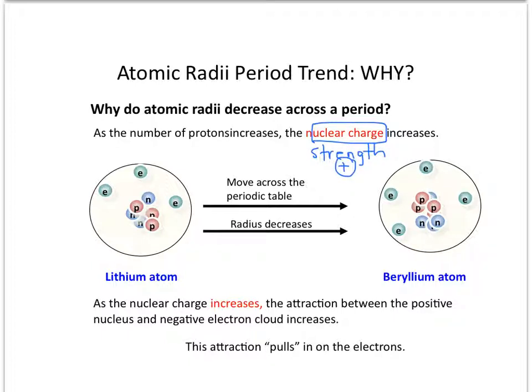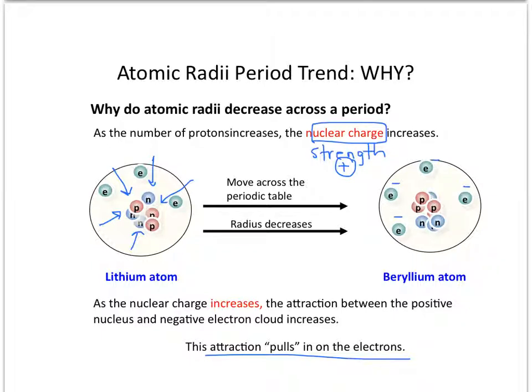So it's going to attract the electrons, which are hanging out outside of the nucleus. The strength of the nucleus draws in the electrons closer to the nucleus, thus shrinking the size of the atom. So as nuclear charge increases, the attraction between the positive nucleus and the negative electron cloud increases, and this attraction is going to pull in on the electrons, shrinking the size of the atom.